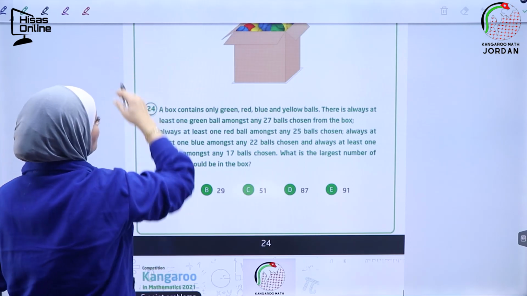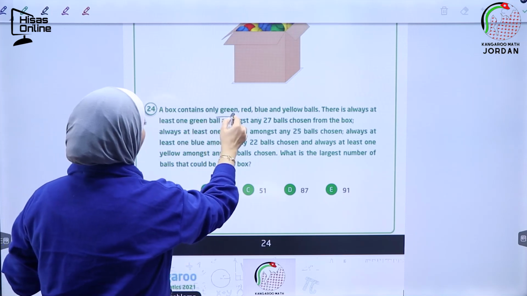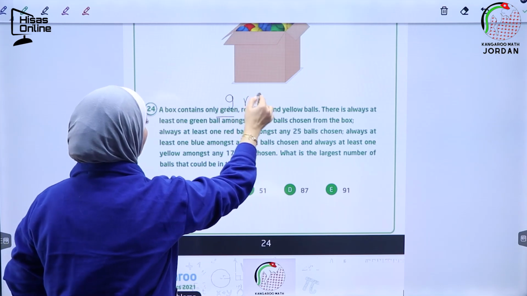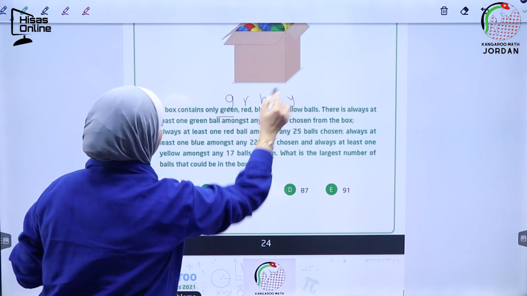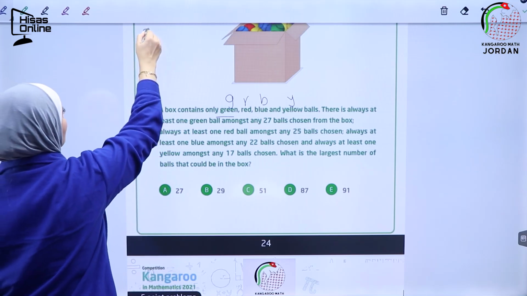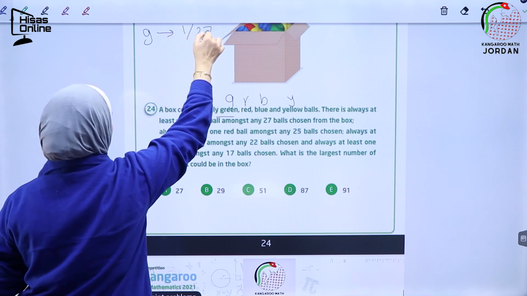I will use the initial letter for each color: G, R, B, Y. They said there is always at least 1 green, so green is 1 out of 27 balls.